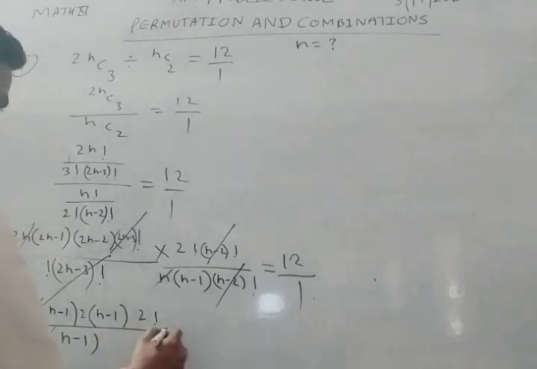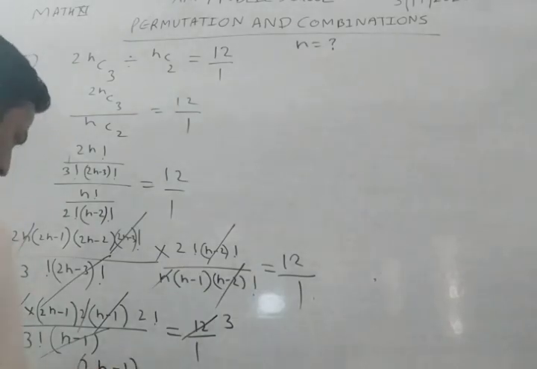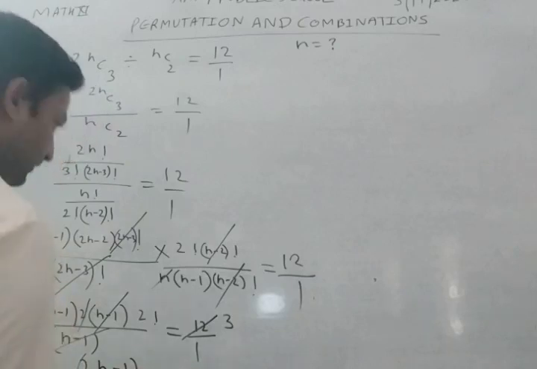Now this is equal to 12 by 1, and this n minus 1 will cancel, and this 2 and this 2 cancel. 4 threes are 12, so we write this, and 2n minus 1 is equal to 3 into 6.